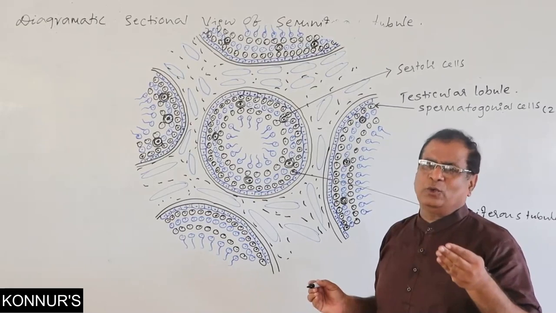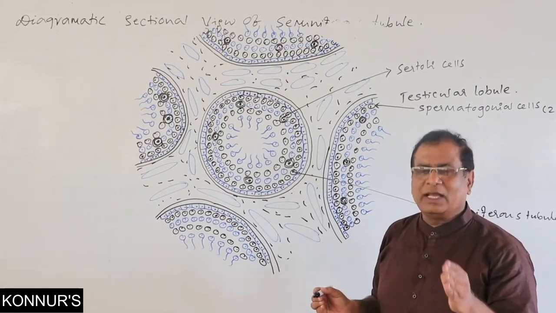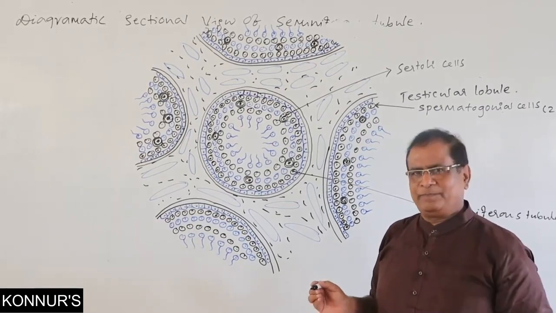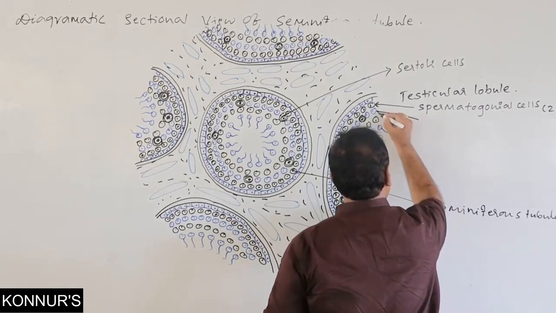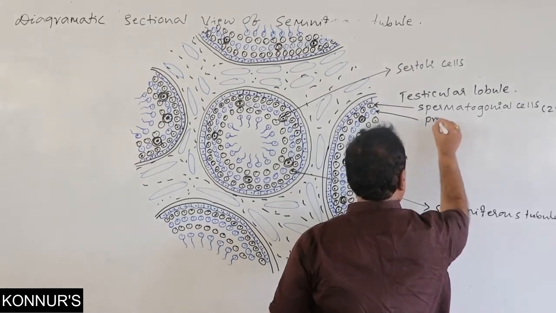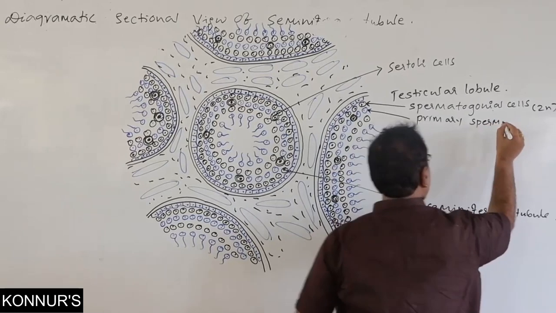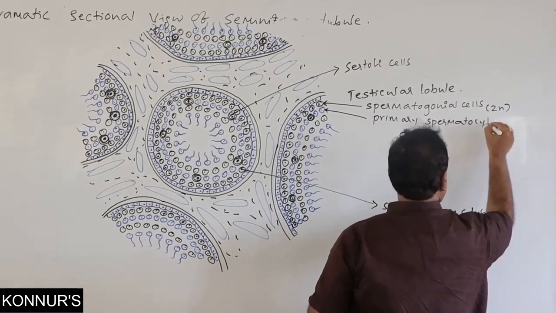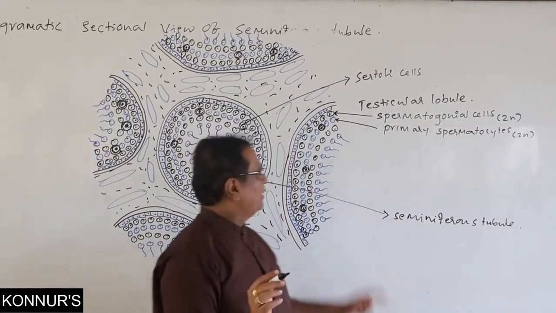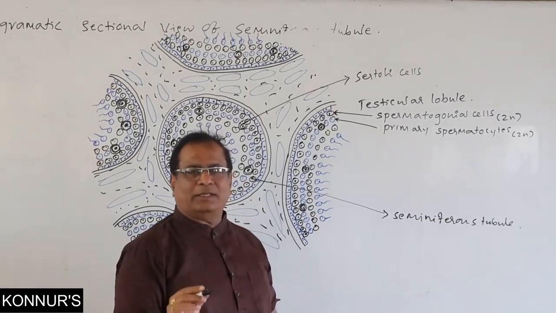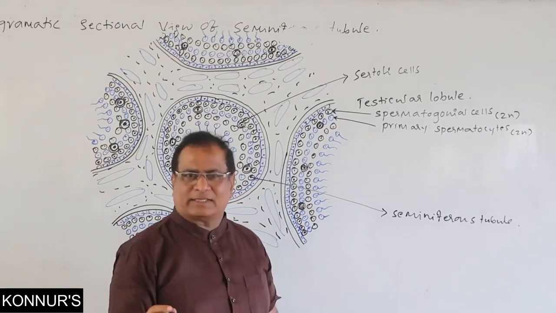And those spermatogonial cells which undergo growth, where their cellular content as well as nuclear content are doubled, are primary spermatocytes. These are also diploid in nature. They are produced from spermatogonial cells.